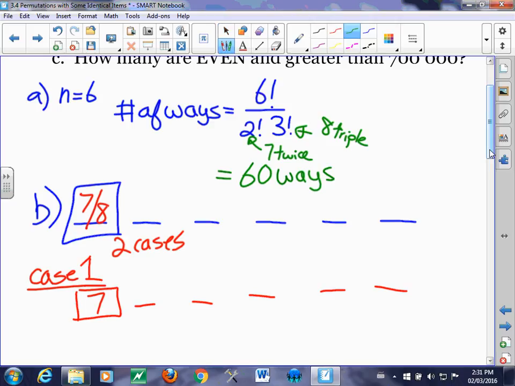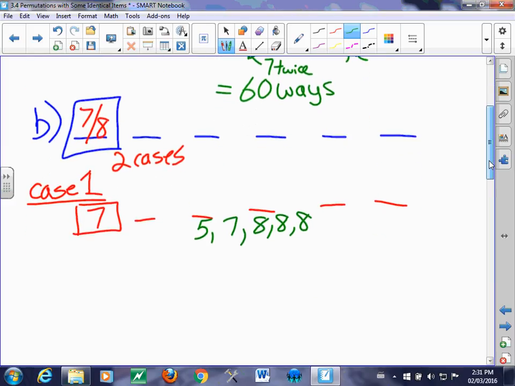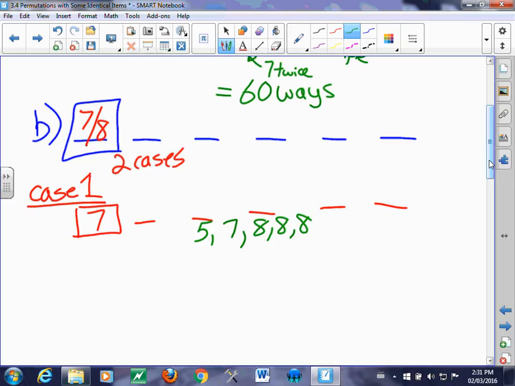And it doesn't really matter what order they go in, but you got to make sure you know which digits are left. So the 5 is still left, there's only 1 7 left, and all 3 8s are still there. So these can go in any of these placements, right? Okay, so you've got to count for the repeats. So please be careful. This is different than the other day when we did this stuff.